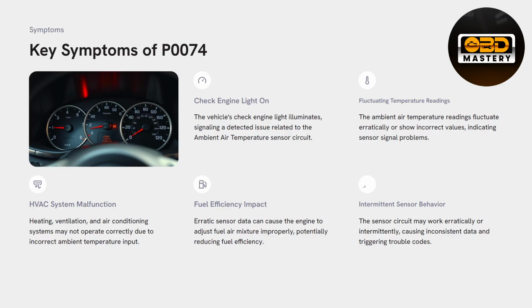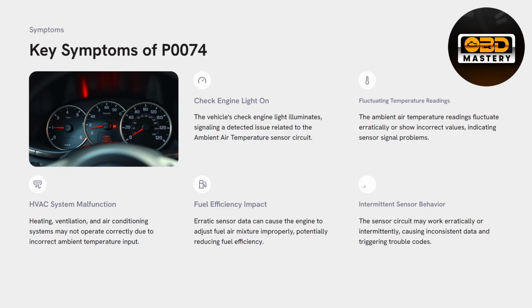The ambient air temperature readings fluctuate erratically or show incorrect values, indicating sensor signal problems. Heating, ventilation, and air conditioning systems may not operate correctly due to incorrect ambient temperature input.